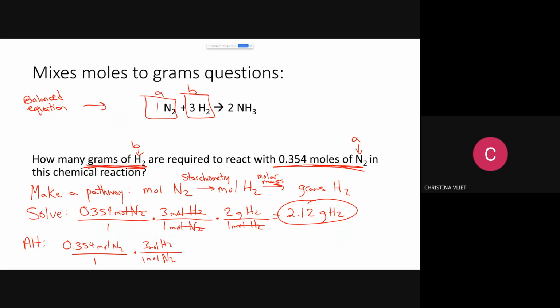So I said you could stop here technically. 0.354 times 3 and get 1.062 moles of H2 and then just multiply by the molar mass because moles times molar mass is grams. And so that would give you 2.12 as well. Either method would give you the right answer. This is doing it in 2 steps, and then this is doing it all in 1 line.